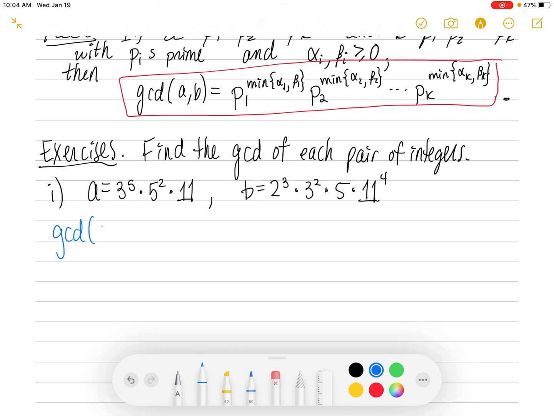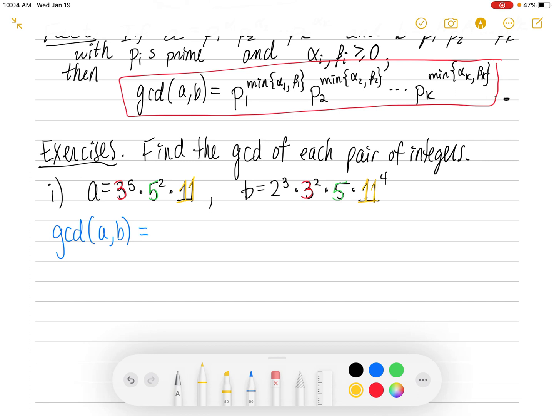So when we find the GCD of these numbers, A and B, we're going to take the common primes. What primes do they have in common? Well, they both have a 3, they both have a 5, and they both have an 11.